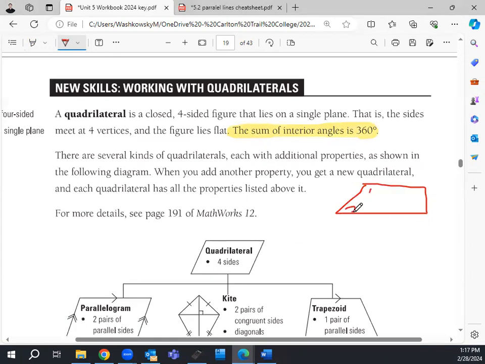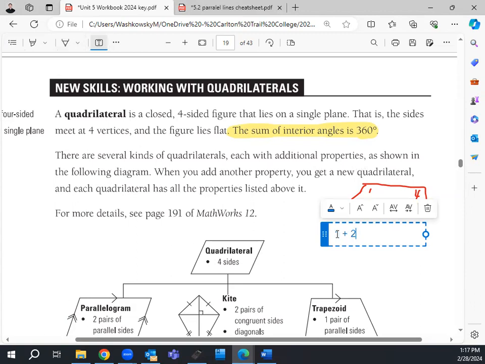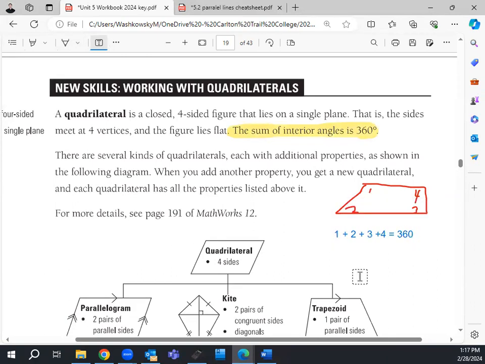If I have angle 1, 2, 3, and 4, I need to know that angles 1 plus 2 plus 3 plus 4 have to be 360 degrees. Just like a triangle, all the angles add up to 180. In a quadrilateral, a four-sided shape, all the angles add up to 360 degrees.